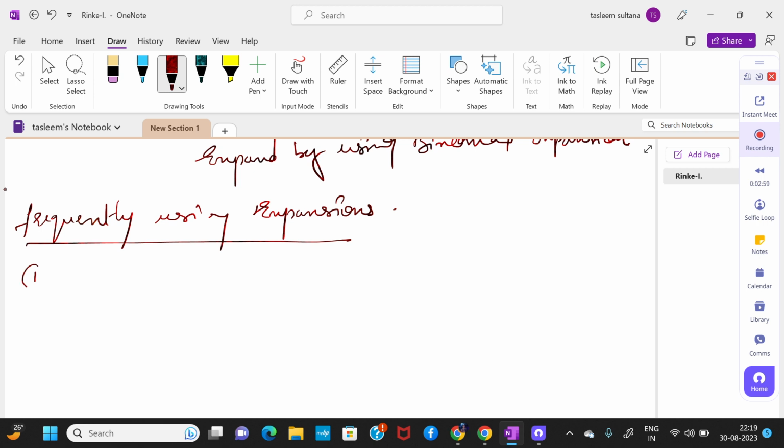First one, when it is in the form of 1 by 1 minus D, that you can write as 1 minus D whole to the power of minus 1, which is equal to 1 plus D plus D square plus D cube and so on.